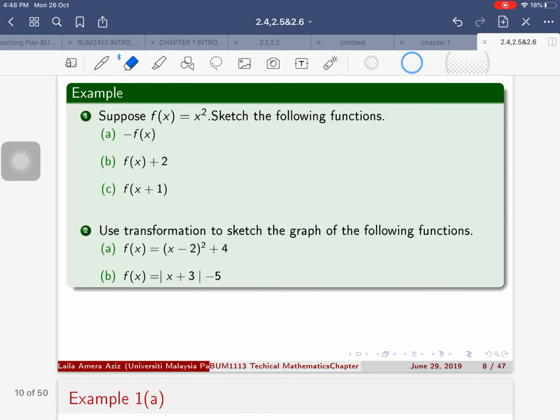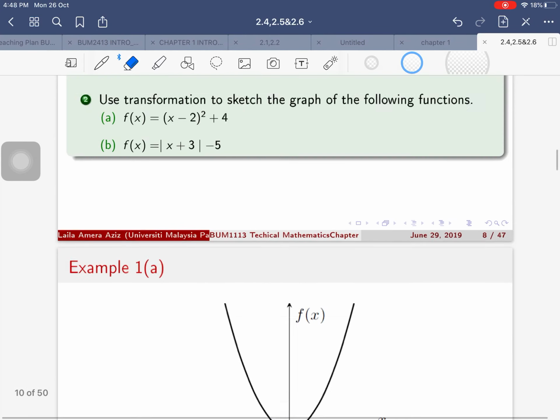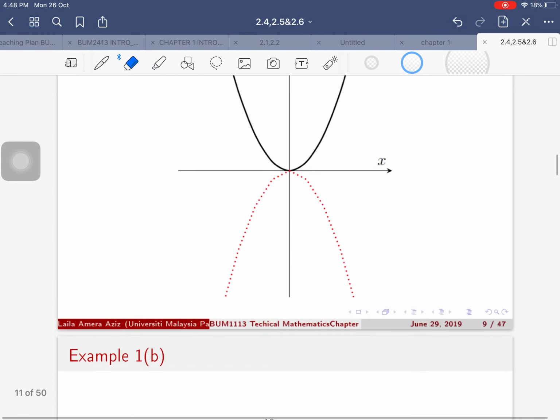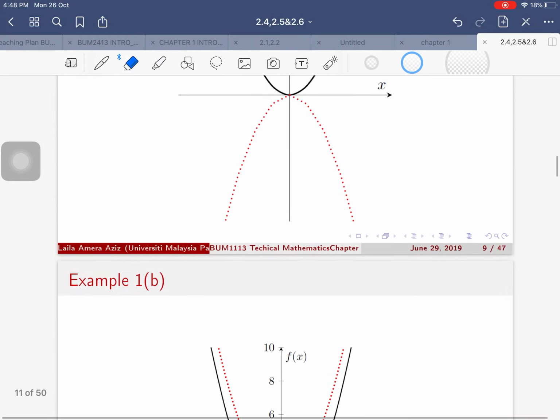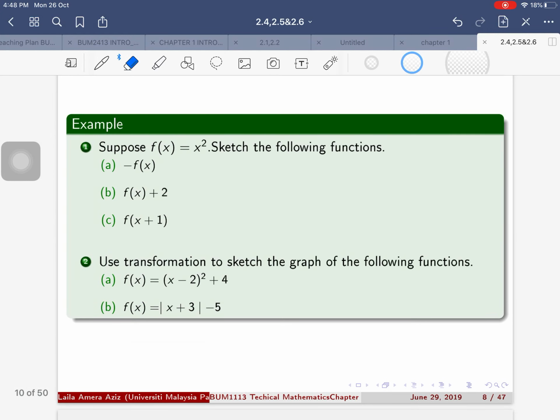Let me clean this. I don't want it to look messy for you. Okay, so I'm going to start with the example. Actually the solution is already there. Suppose we have f of x equal to x squared. We're going to sketch the following functions.